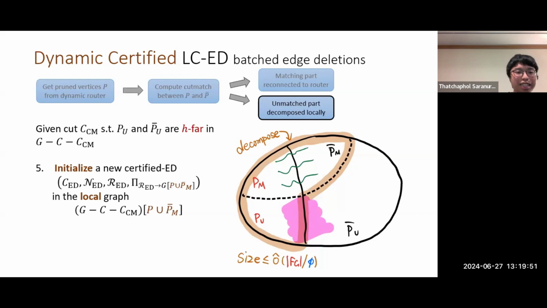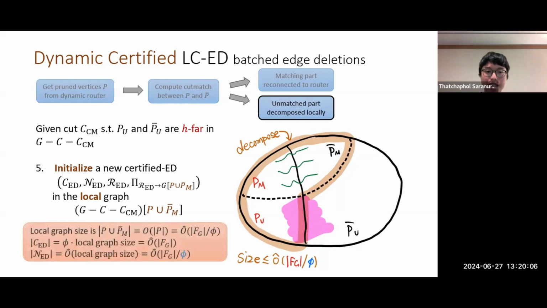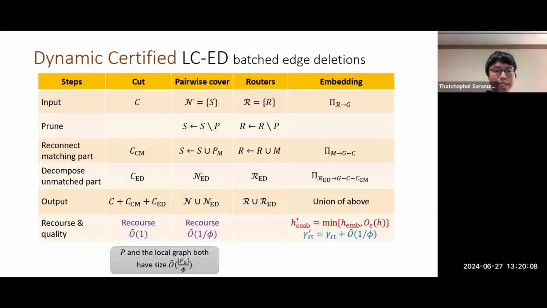I claim that we just need to decompose this small local graph, so that after taking the union of the new certified ED and the original certified ED, we get the output of our edge deletion algorithm.